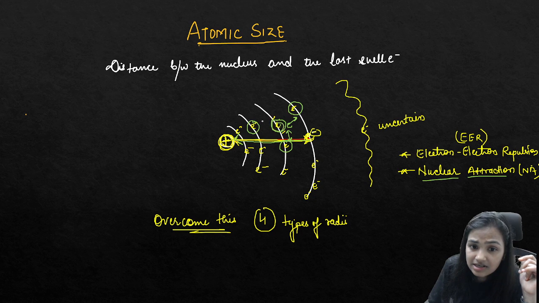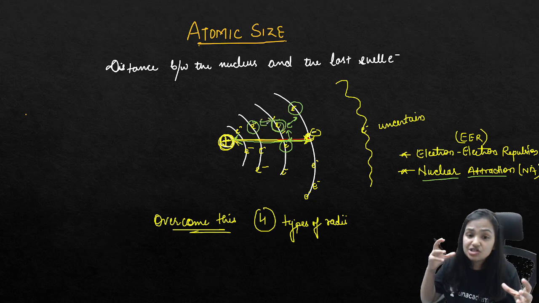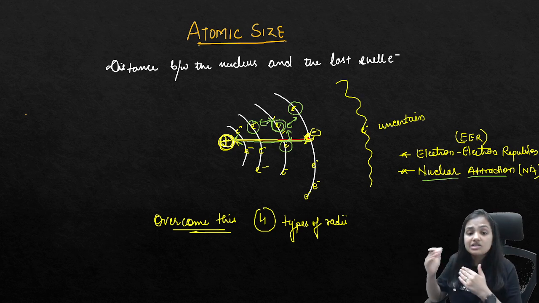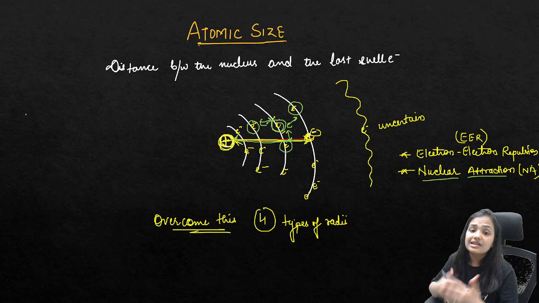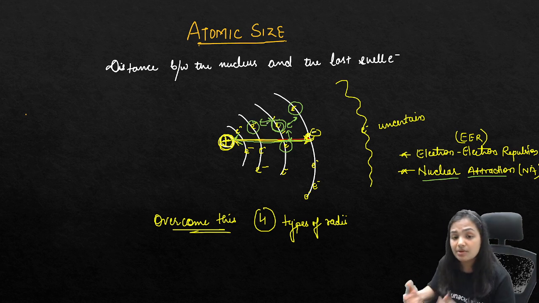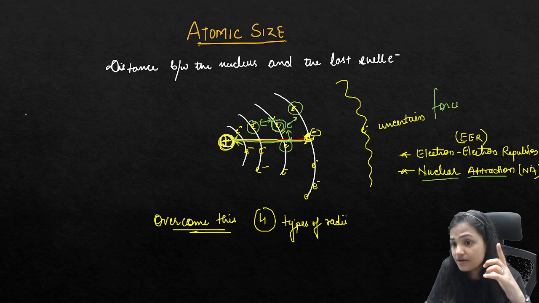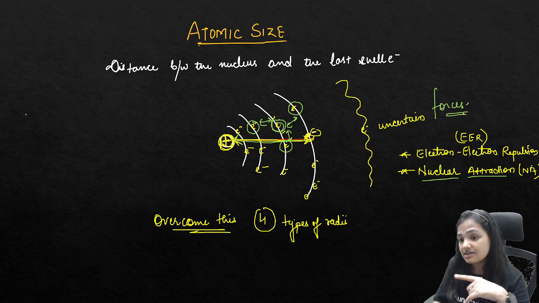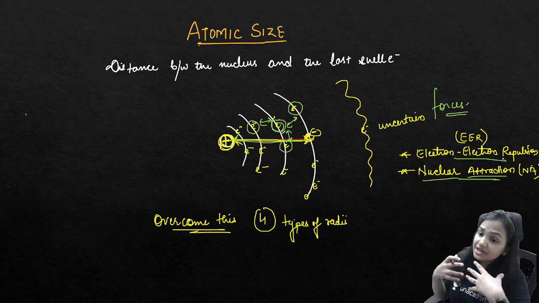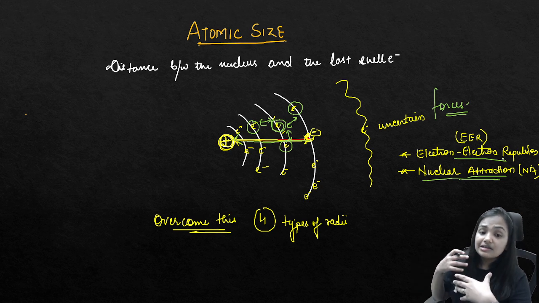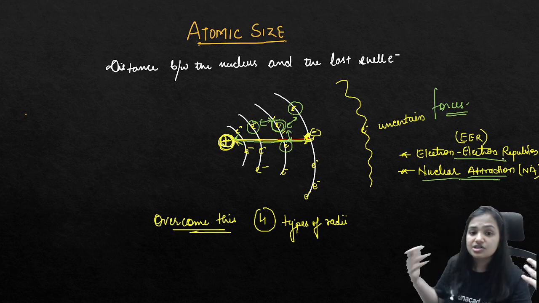So within these shells we have repulsion between electron and electron, because they are like charges, and they keep repelling. So there are two forces working simultaneously, one is attraction and the other is repulsion. We need to determine which is more predominant, whether the attraction is more or the repulsion is more.